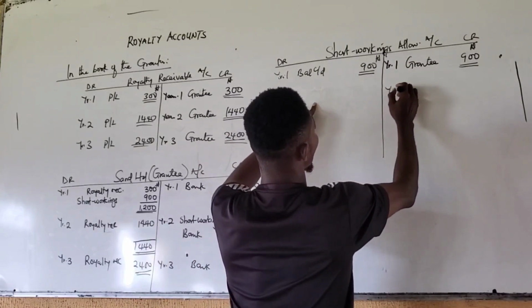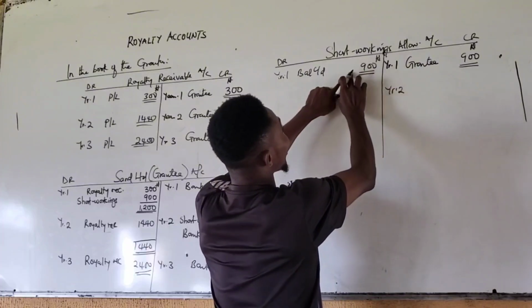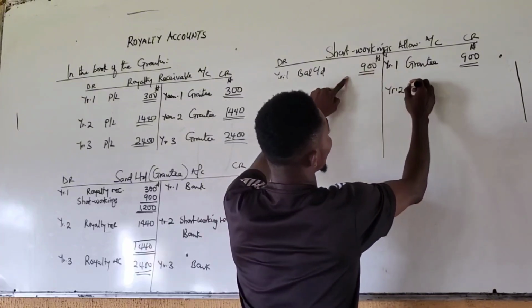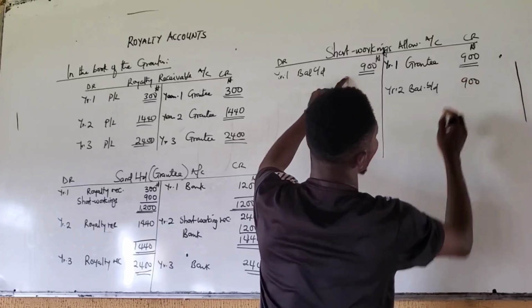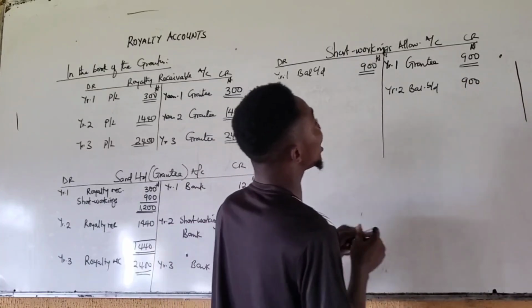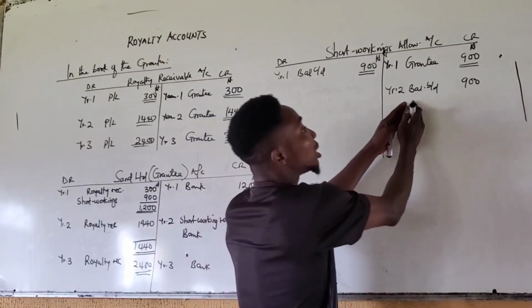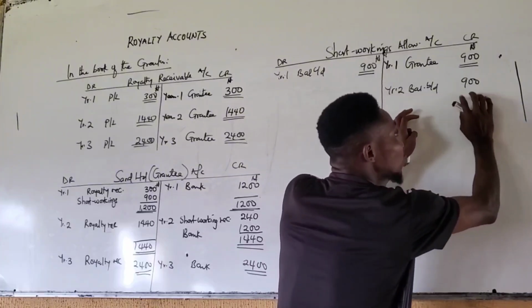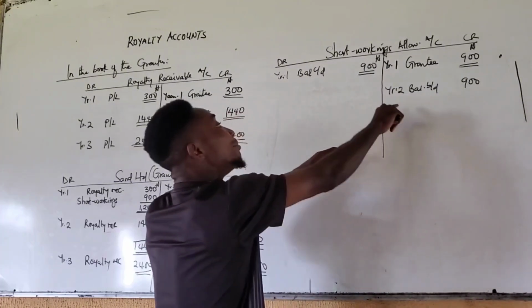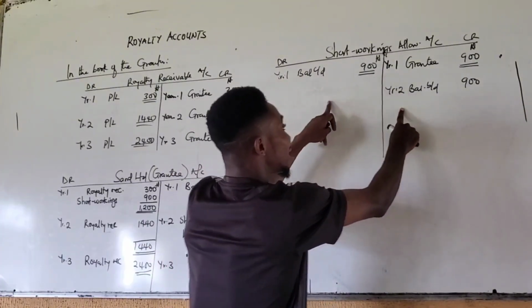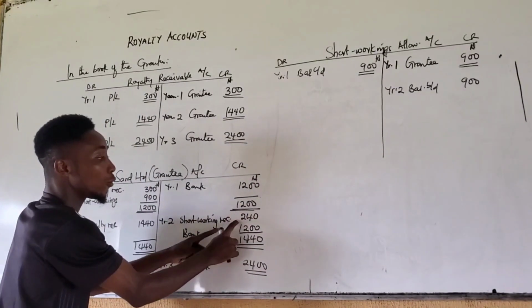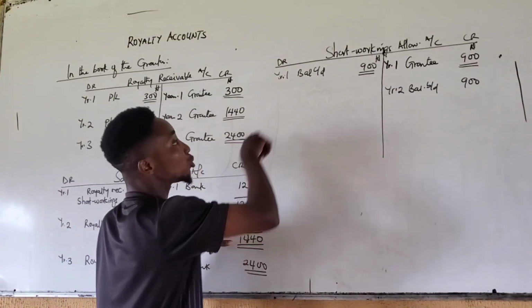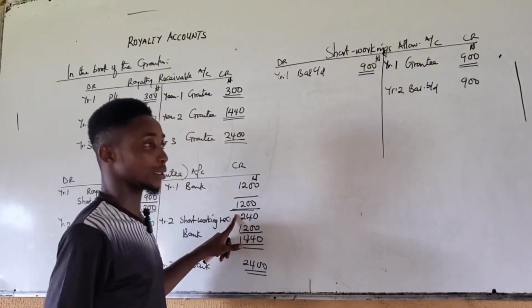Then year 2, your balance carried down here will be your balance brought down here. How much? 900. Now, assuming in year 2, they also made short workings, you would have added it to this side as well. But because they made excess, and since the excess has been credited here, 2,400, the corresponding entry will be to the debit of the short workings account.